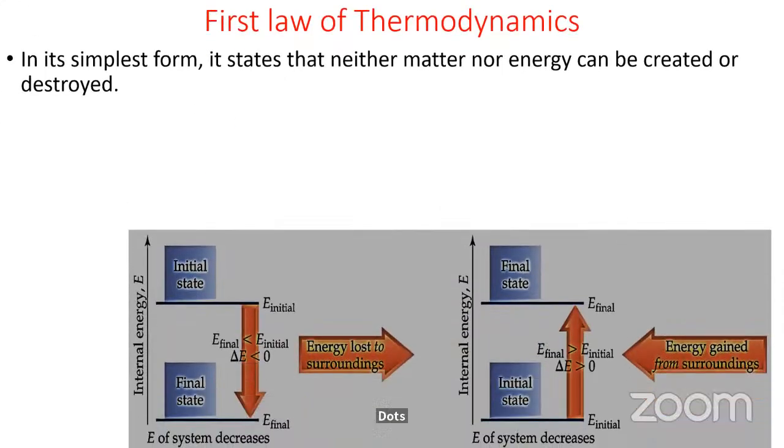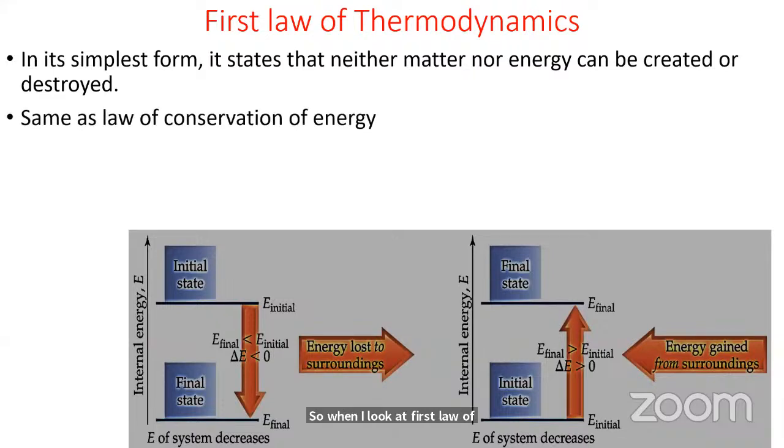So we'll now look at the first law of thermodynamics. We just explain this in a simple term, which I know most of you are used to. In its simplest form, it says that neither matter nor energy can be created or destroyed. So you can neither create matter nor destroy matter. It's already there.